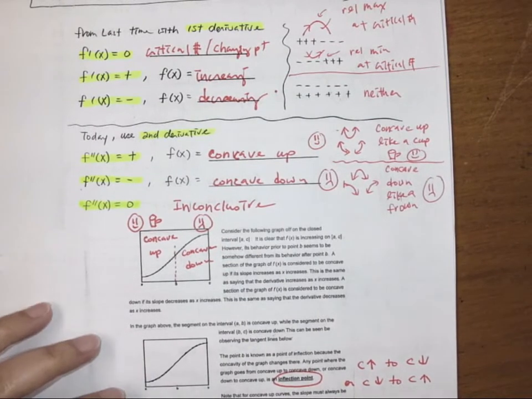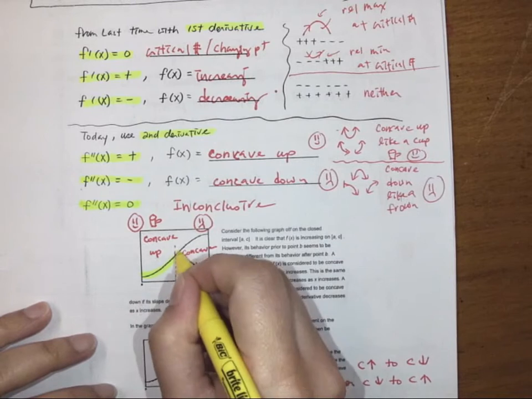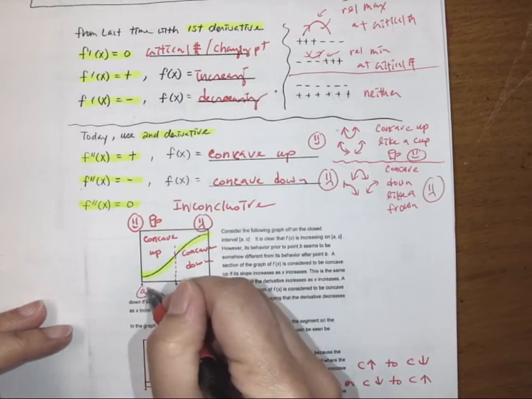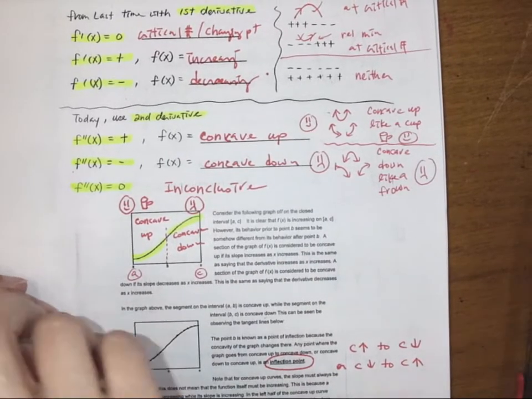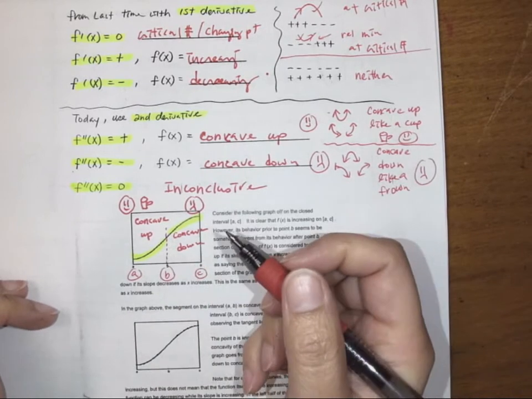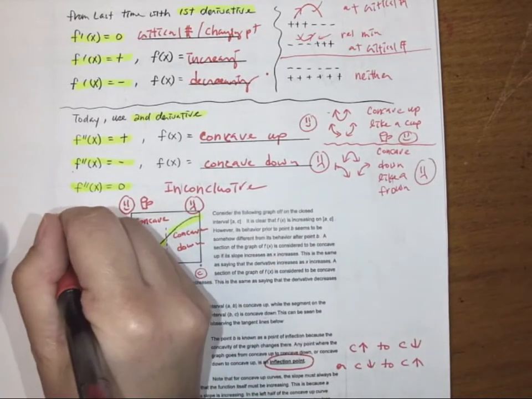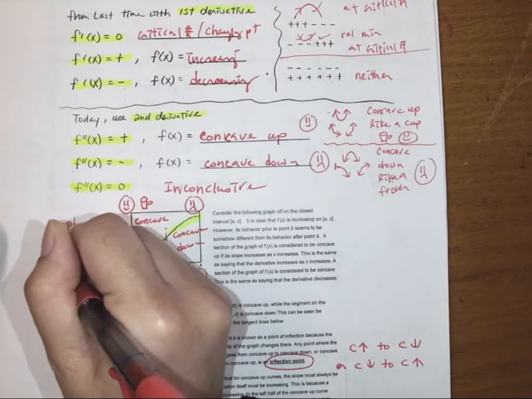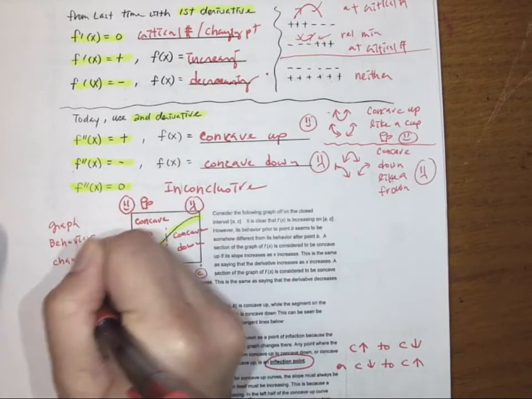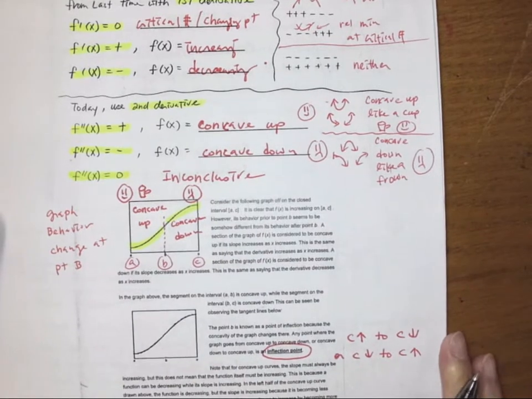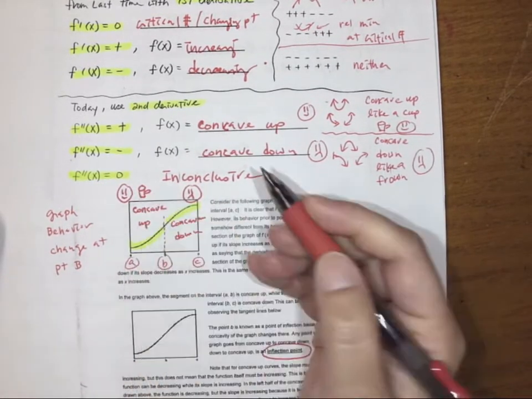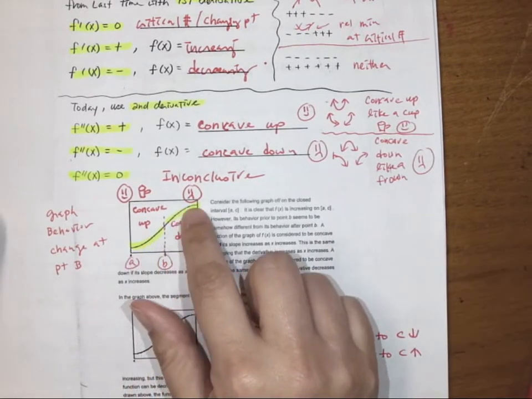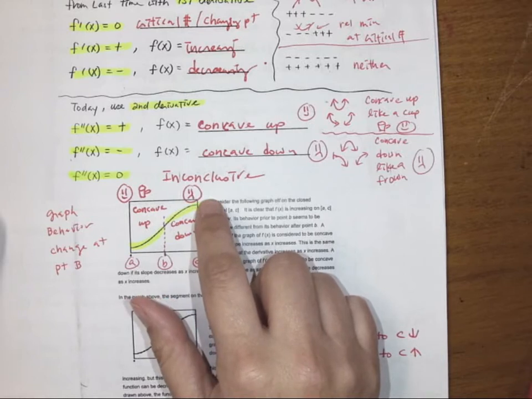So last time we looked at those pictures, we can see the function is increasing between A and C. But it looked like it changed shape a little bit at point B. So we're going to say the graph behavior changes at point B. It started concave up like a cup shape, and then changed to concave down like a frowny face, which means even though the function keeps increasing, the speed of its increasing changes.